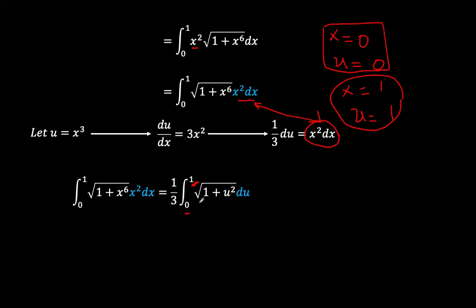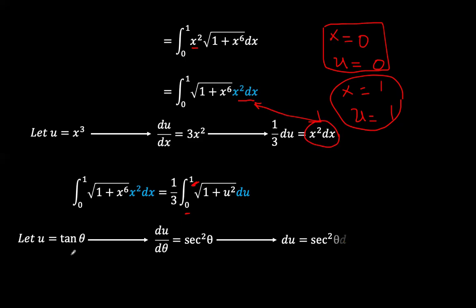And in place of 1 plus x to the power 6, we have 1 plus u squared, because x to the power 6 is the same as x cubed squared. And so we can then go ahead and say again, let u be equal to tan theta, such that du/d theta equals sec squared theta. And so sec squared theta d theta can be substituted for du.